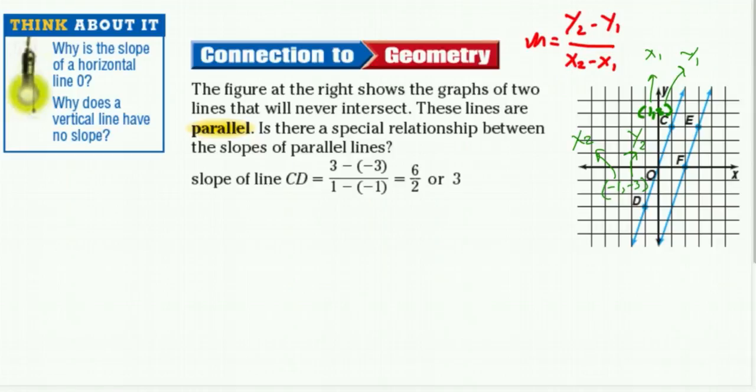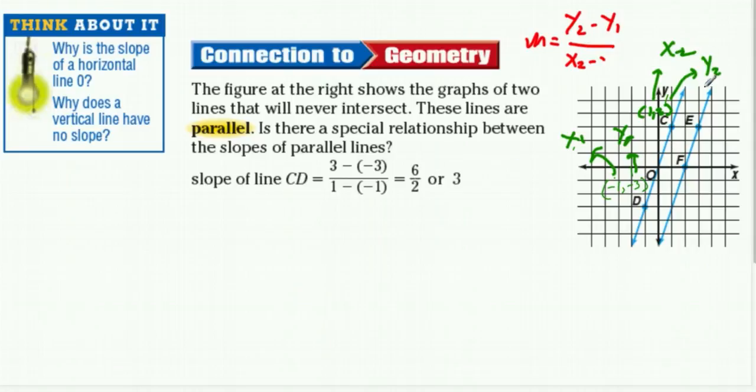Let's just use the book's version so it'll be easier for you to follow. Let's use the bottom part. We label this as x sub 1, this as y sub 1, and this as x sub 2, y sub 2.